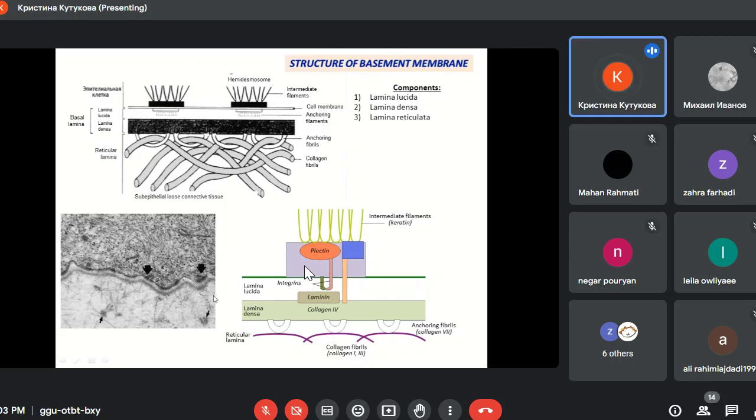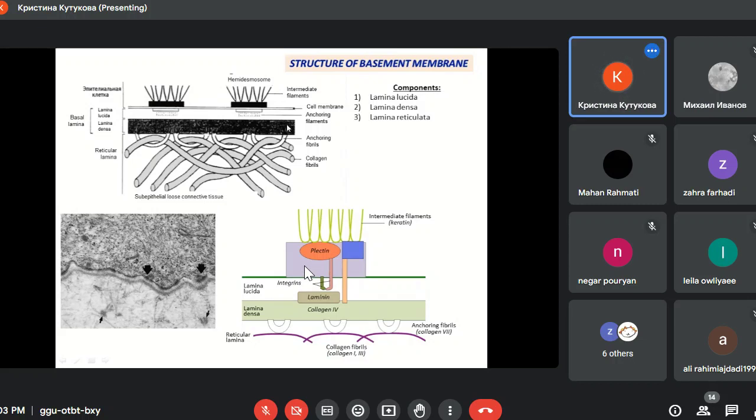It is a very high magnification. So the cell membrane is here, a thin black line, and below it a whitish lighter line. This is lamina lucida of the basement membrane, just below the cell membrane. Next goes lamina densa.